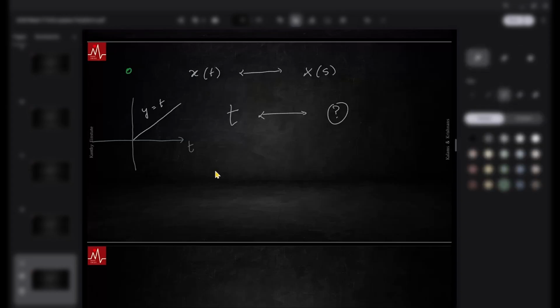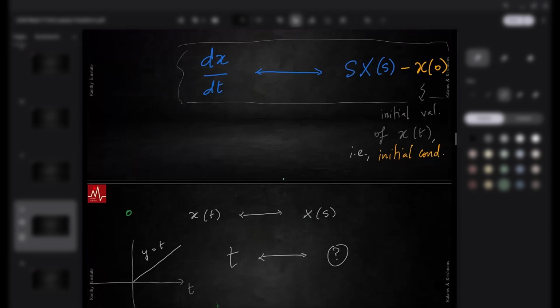The last thing that I'm going to give: if x of t transforms to x of s, and you multiply x of t by t, the product of t and x of t transforms to something very similar to this.